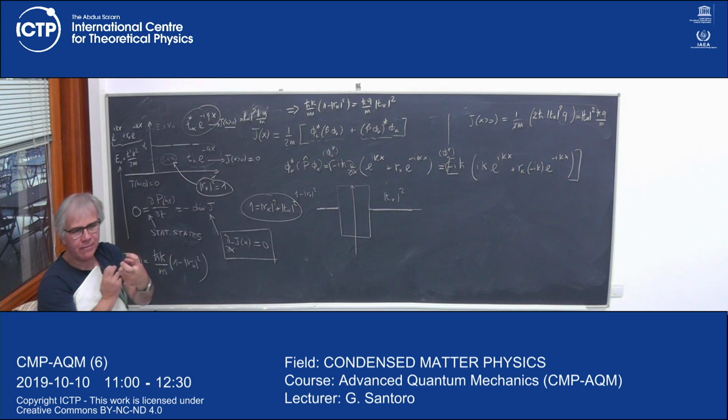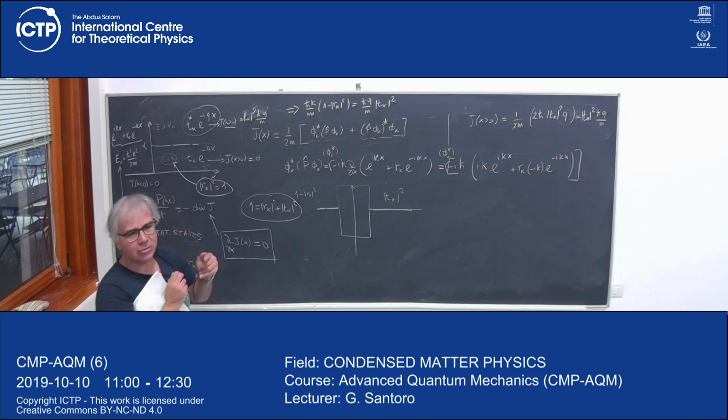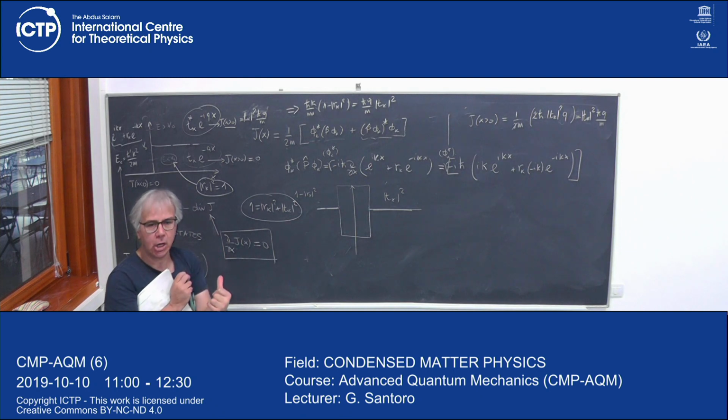So I really have intrinsically two solutions that I can form. Pretty much like in the plane waves, I have e to the ikx and e to the minus ikx. They bring current and momentum in the opposite direction, but they are totally degenerate in energy.